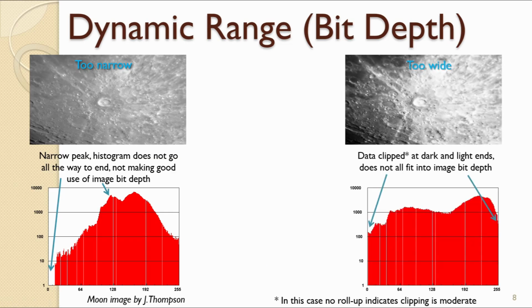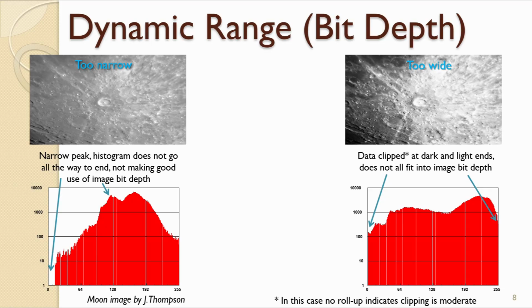Similarly, an image that's too bright and contrasty. The image peaks are now all stretched out and there is clipping at either end. Thus, I'm losing information off either end of the image, not making proper use of the available bit depth.